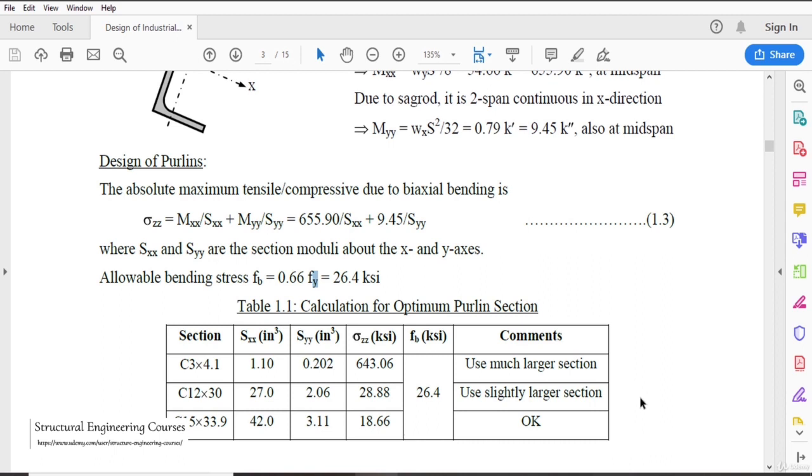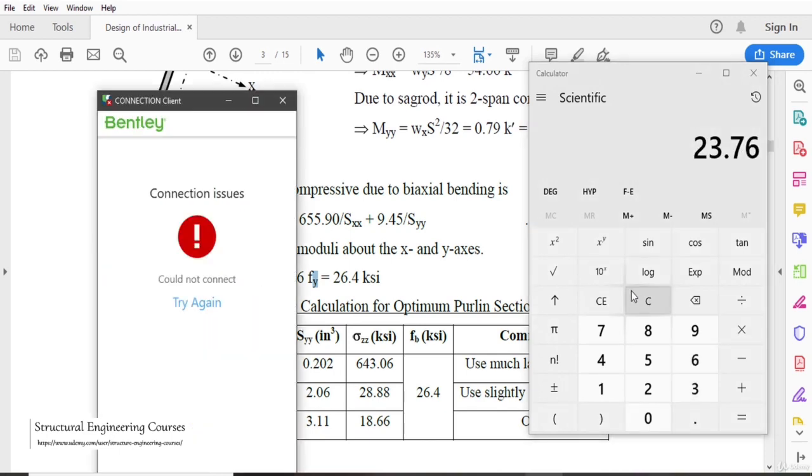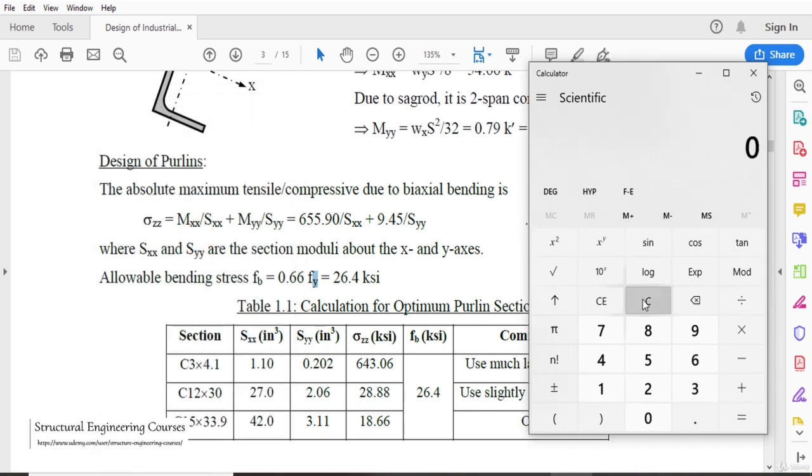Fy of 36 KSI is usually the yield strength of the structural steel that we use. So 0.66 into 36 comes out to be approximately 23.6. But the author had considered 40 KSI structural steel section, so 40 into 0.66 comes out to be 26.4 KSI.